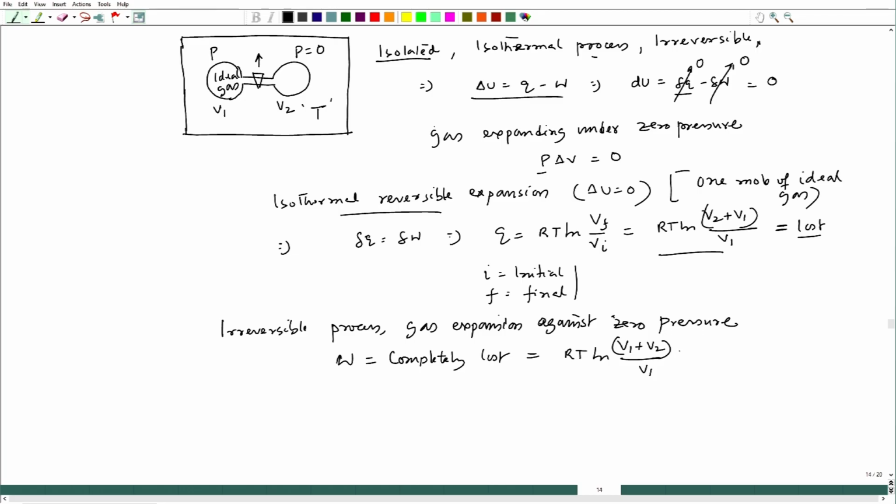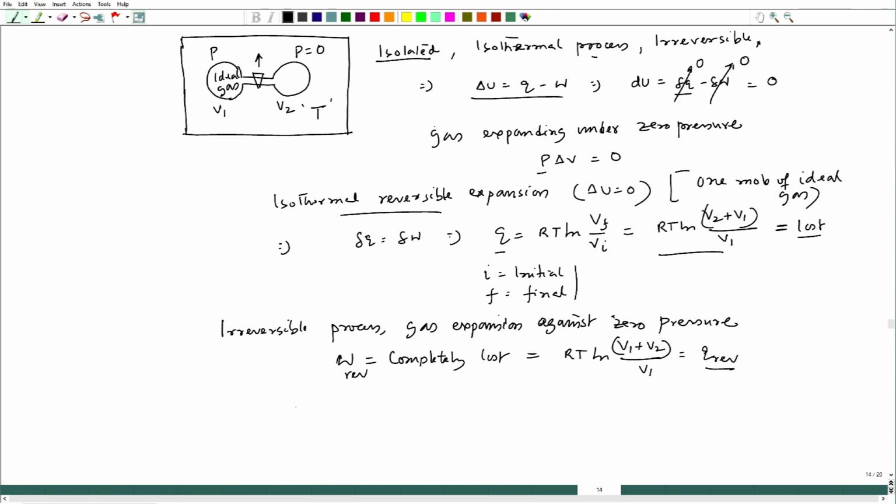So, that means this is also my Q reversible, and this is also W reversible, because this Q as well as this W both are in reversible mode, RT ln V2 by V1. Once we have that, that means the entire work is lost.